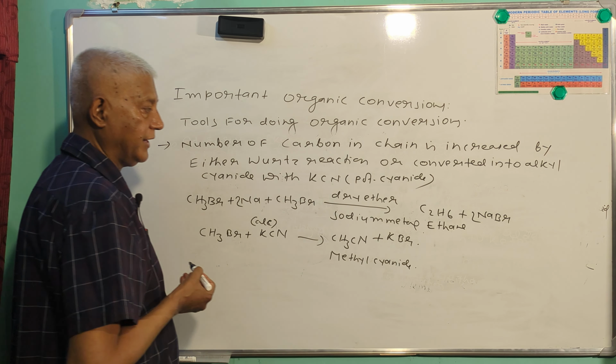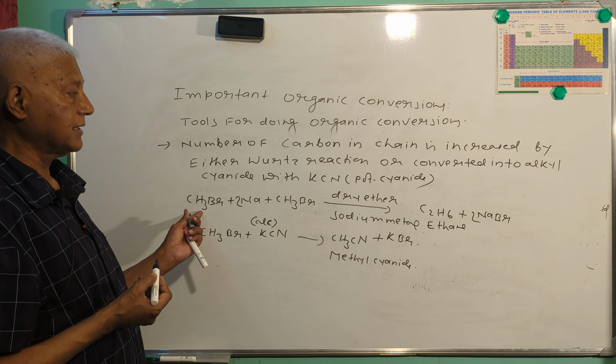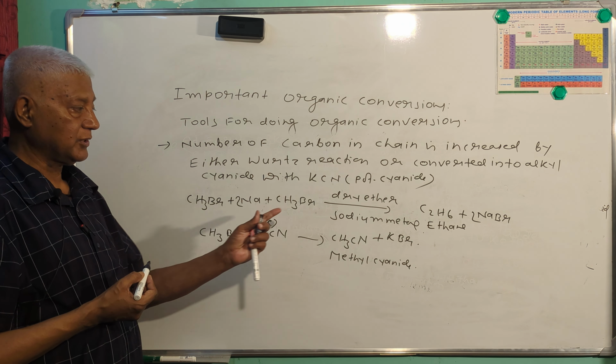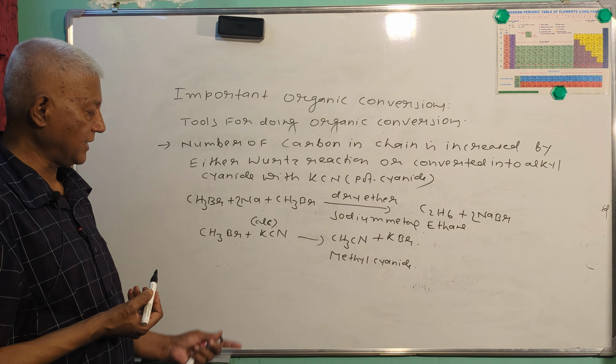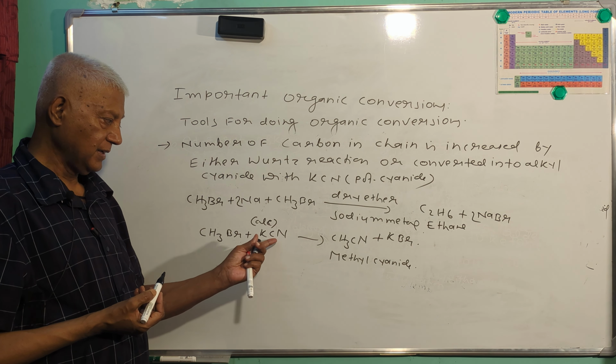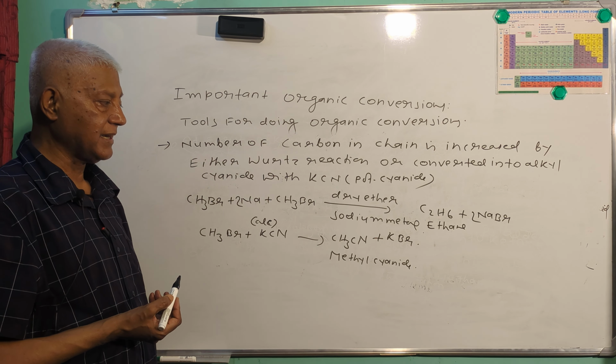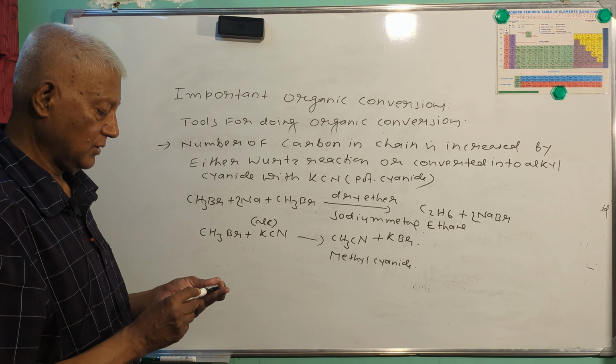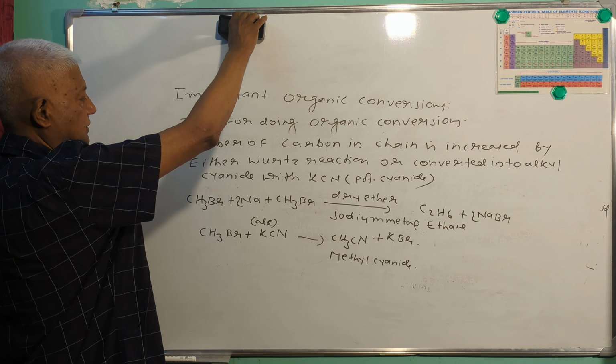So two ways by which we can increase the number of carbons in the chain. First one is the Wurtz reaction, very important. Next one is CH3Br when treated with alcoholic KCN, what we get? Methyl cyanide plus KBr.